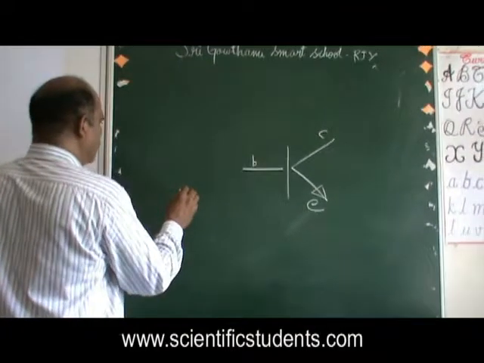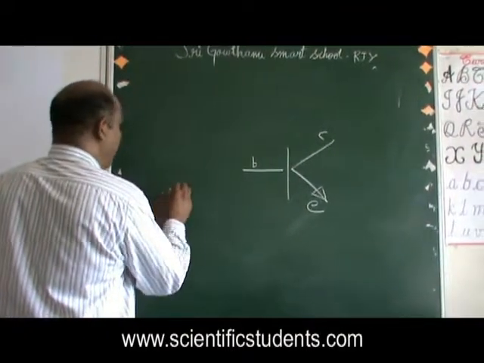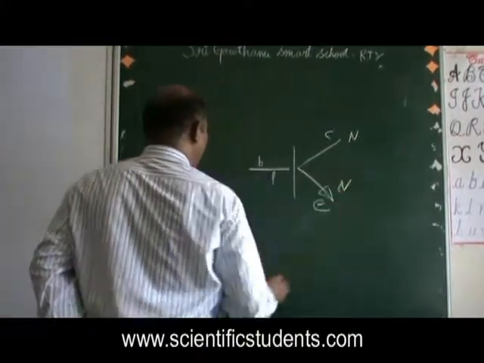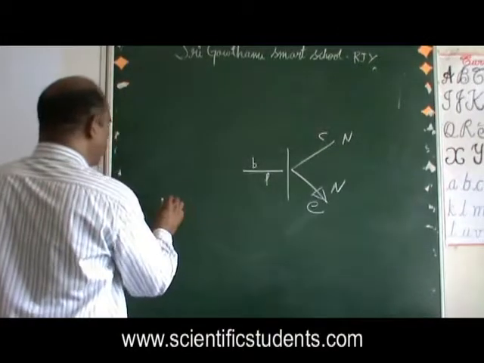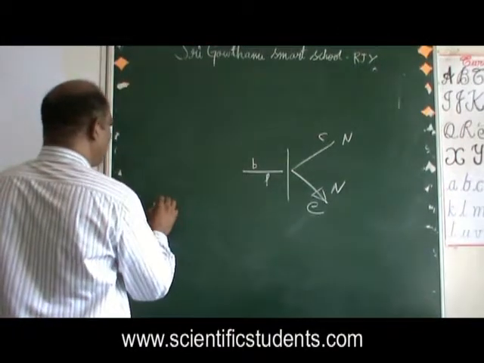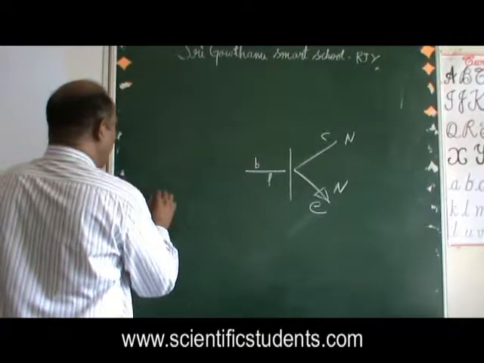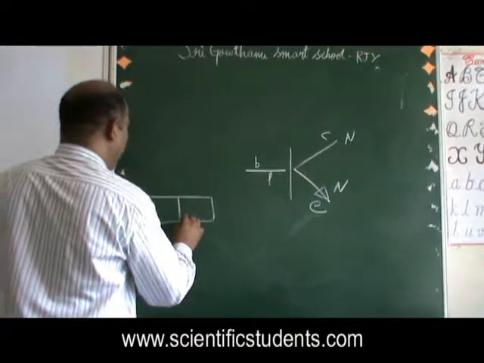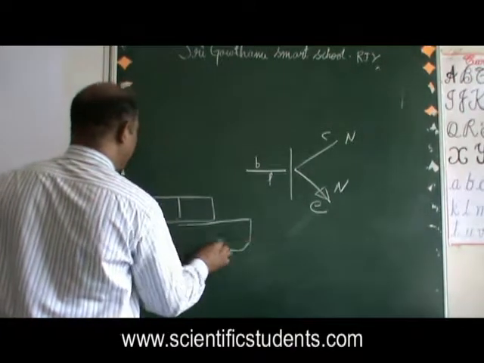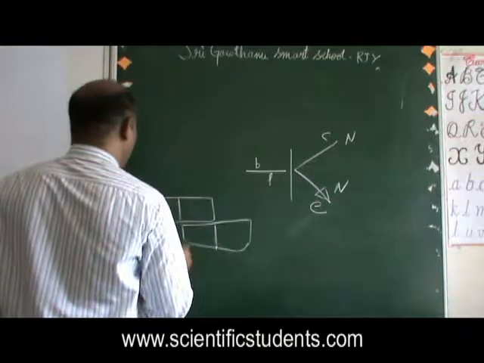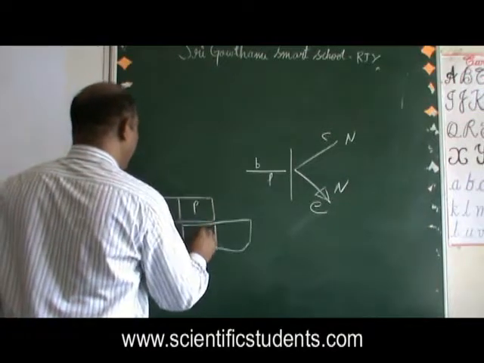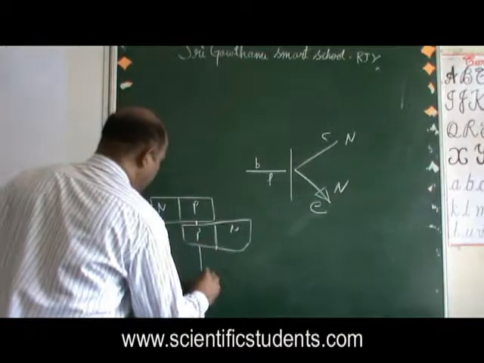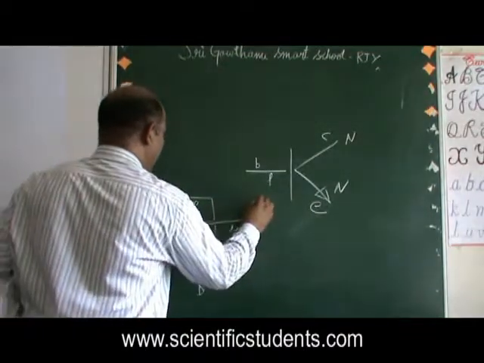As I explained, PNP and NPN transistors are nothing but two PN junctions. Here is one PN junction and here is another PN junction. N, P, P, N connected together, which become base, collector and emitter.